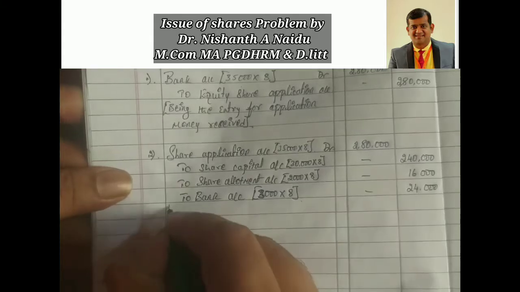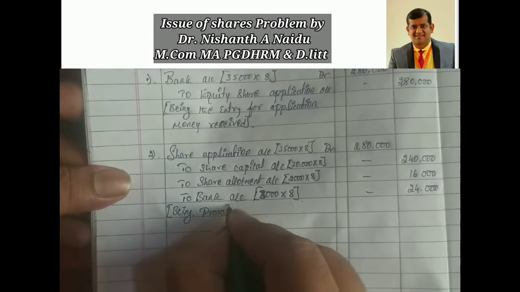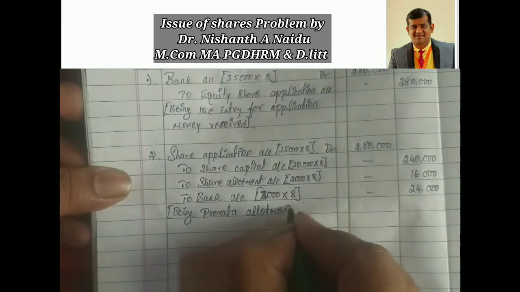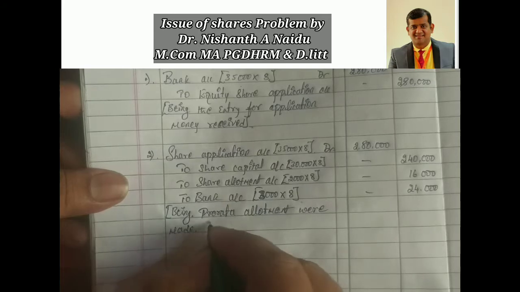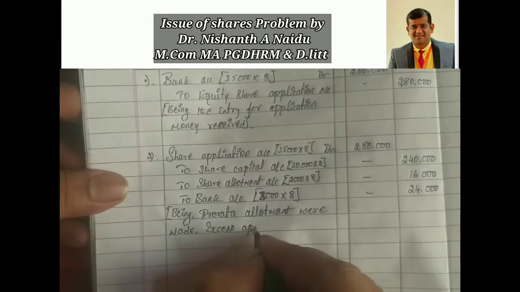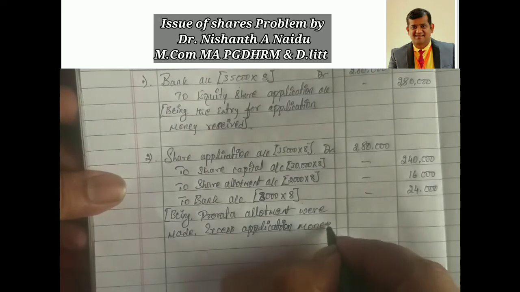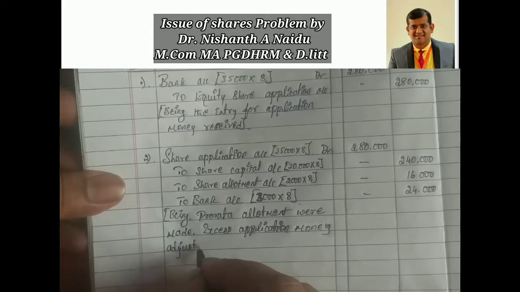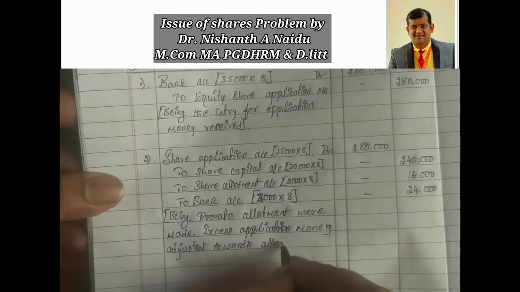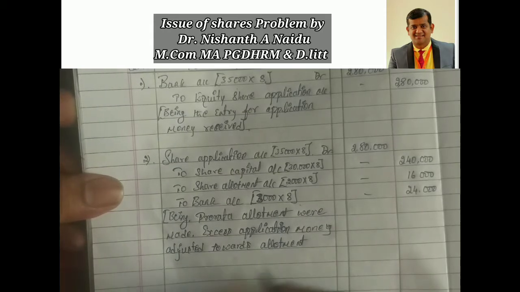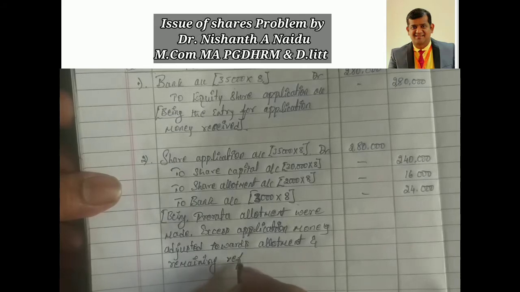Okay. So now write the narration being: pro rata allotment were made, excess application money adjusted towards allotment, and remaining refunded.